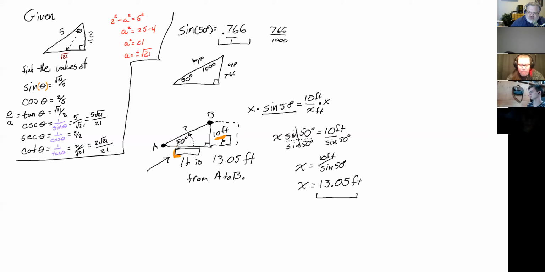In reference to the angle that we know, this 10 feet is an opposite side. So whichever trig function we pick, we're going to want to use a trig function that has an opposite side in it. Sine has an opposite side, tangent has an opposite, technically cosecant and cotangent all have opposite sides in them.